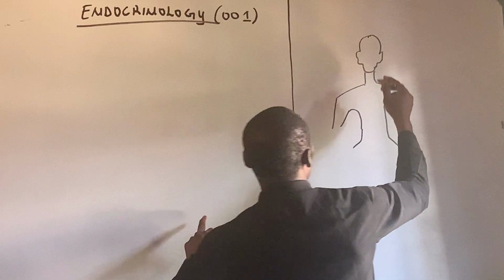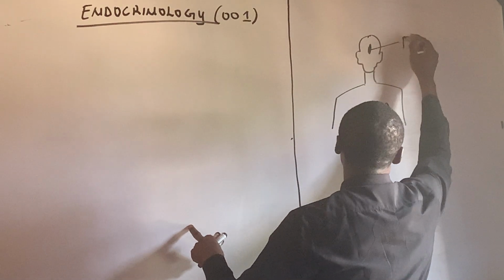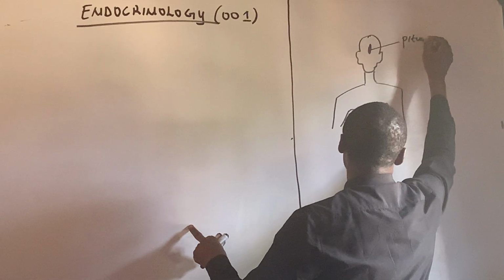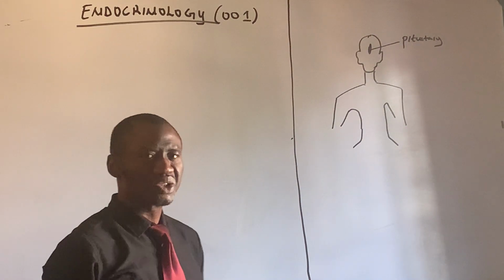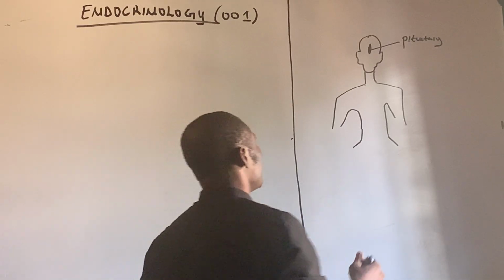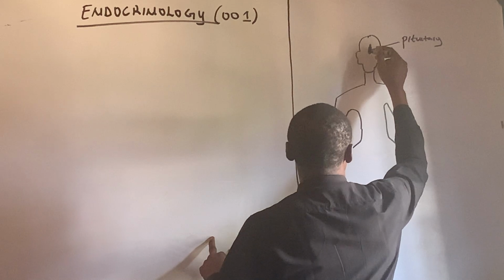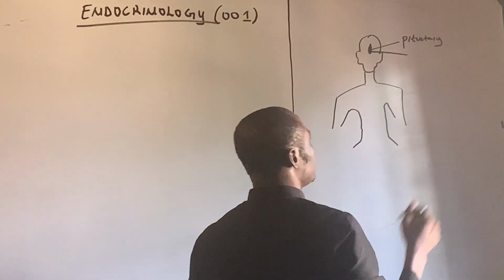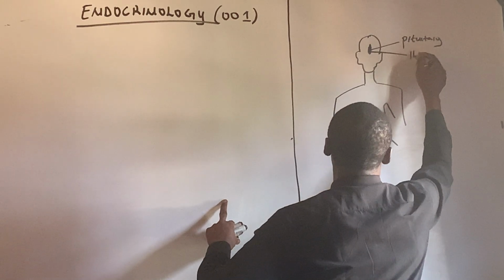Now, at the mid of the brain, we have the pituitary gland. Then in the mid of the brain, just above the pituitary gland, we have the hypothalamus.